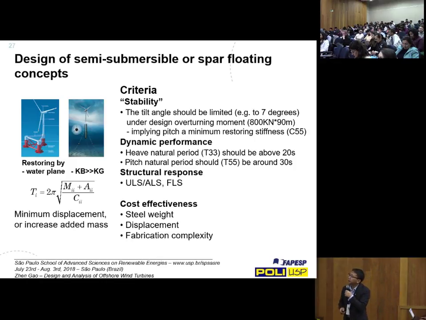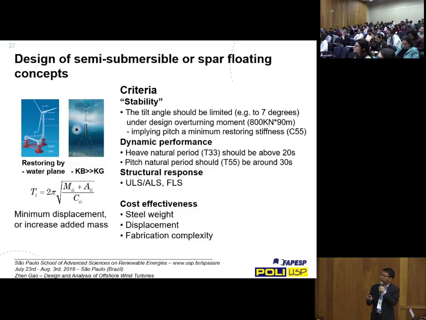the stability. And of course, I mentioned that, for example, if we look at a 5 megawatt wind turbine, the maximum mean thrust force at the rated wind speed is about 800 kilonewton, which gives the moment if we place this at a height of 90 meters.